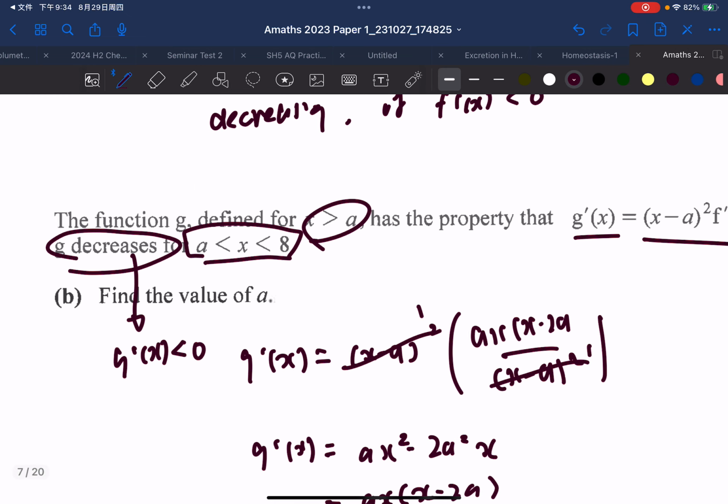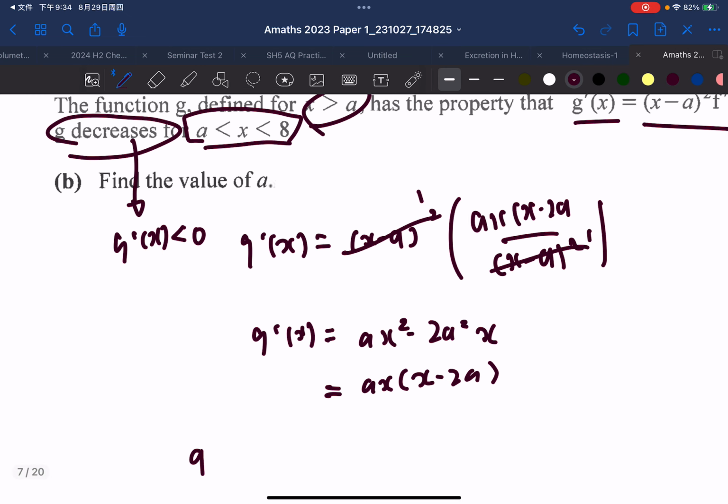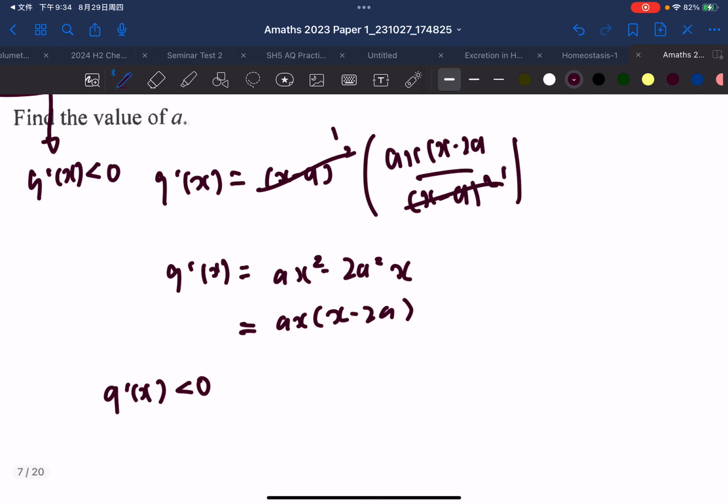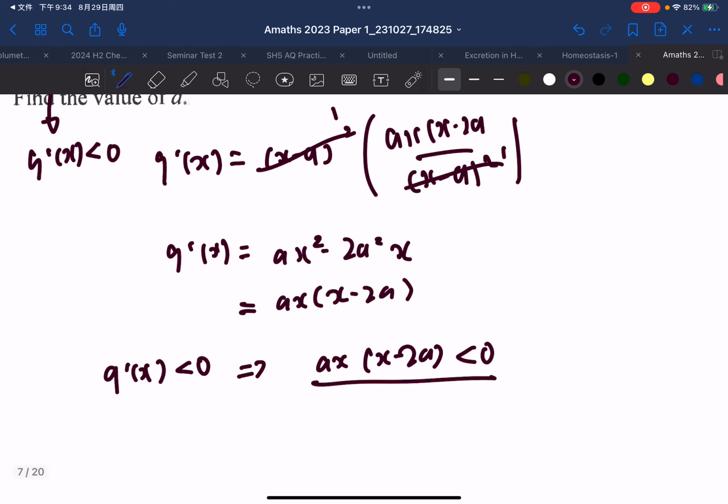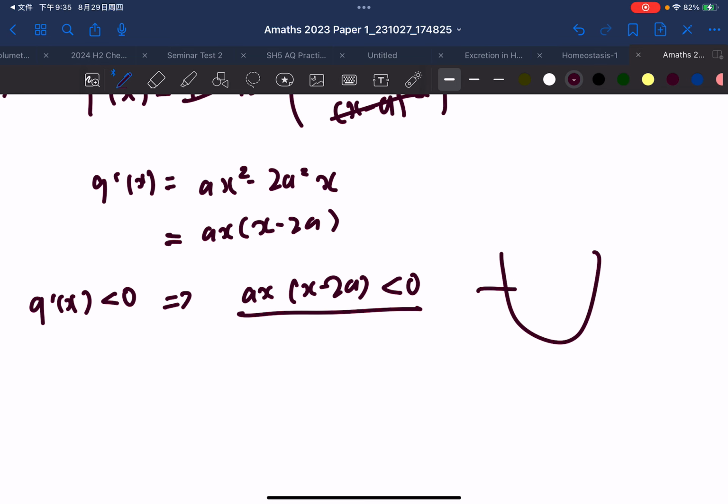So since it decreases, of course g prime x is less than 0. So I put in g prime x less than 0. This means x minus 2a is also less than 0. And if we solve this for the range of values, because here we use our inequality concept, this one is less than 0, we look inside. So 0 to x to a.